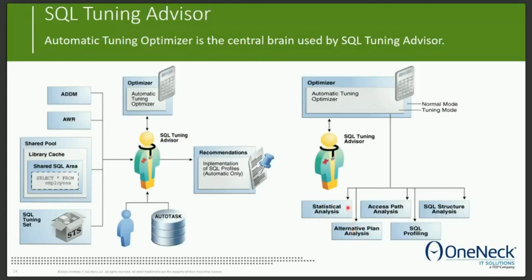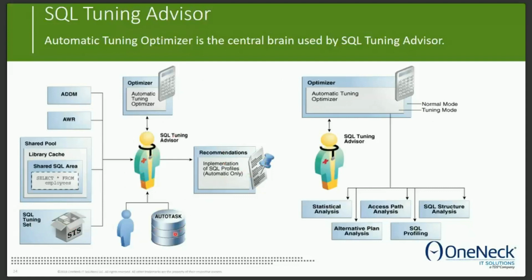It looks at the statistics, the access path, the SQL structure, if there are any alternative plans available, and if we can create a SQL profile. The SQL you can pass from AWR, ADDM, or the shared SQL area, or you can create your own SQL tuning set and pass it to the SQL Tuning Advisor. Then it provides the recommendation.